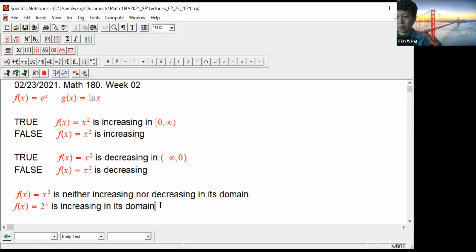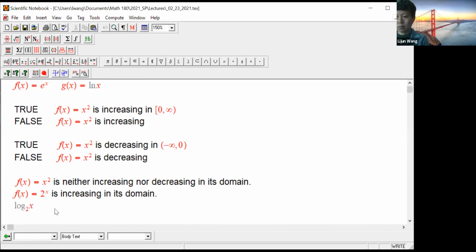Do you follow me? Okay, log base 2 of x is also increasing in its domain.